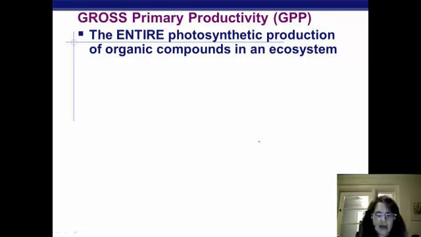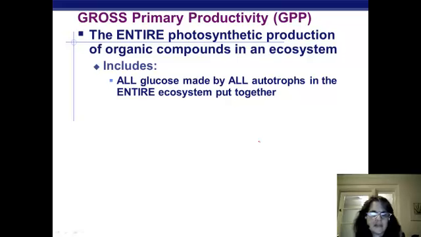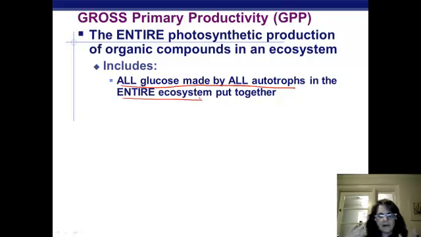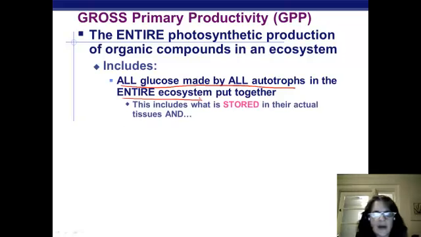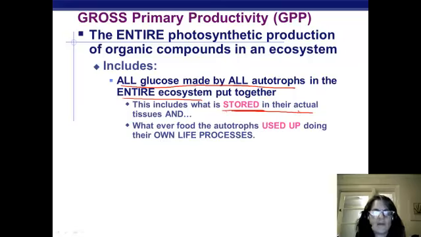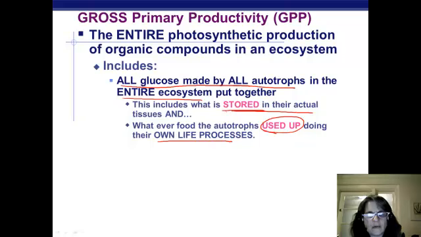It is the entire photosynthetic production of organic compounds in our ecosystem. This includes all of the glucose made by all of the autotrophs in that bottle, all of them. Okay? And this includes what is stored in their actual tissues and whatever food they might have used up during their own life, doing their own life processes.